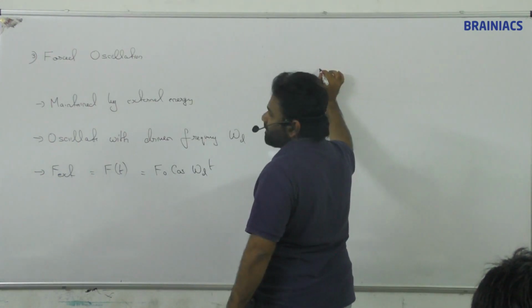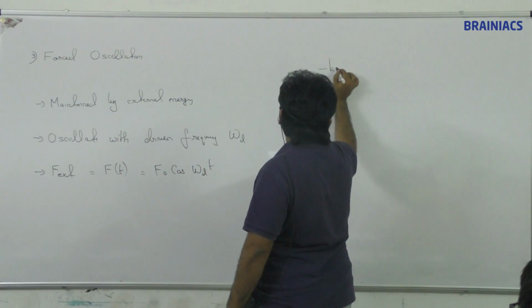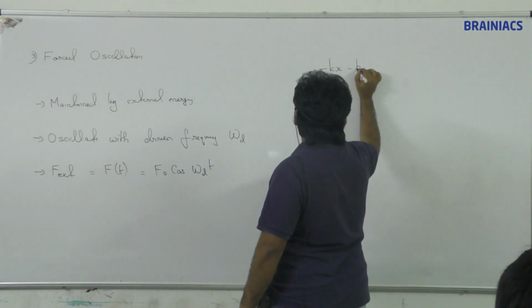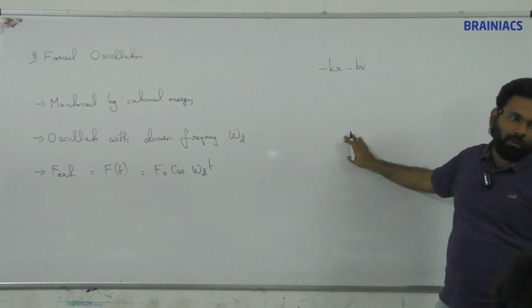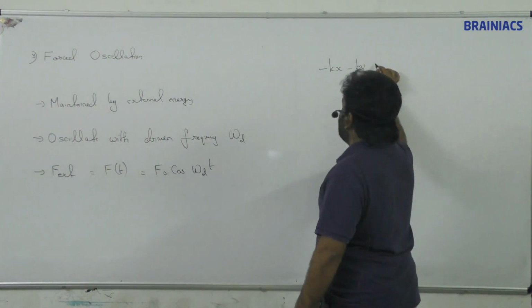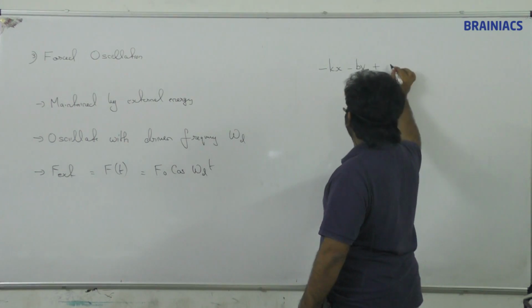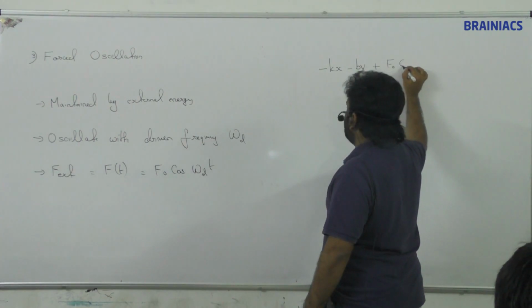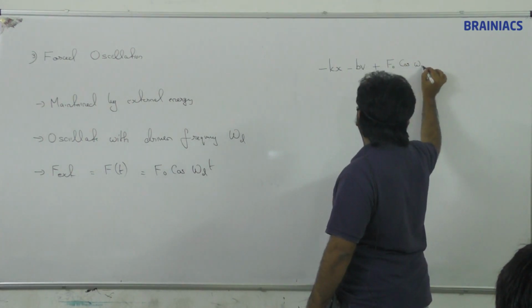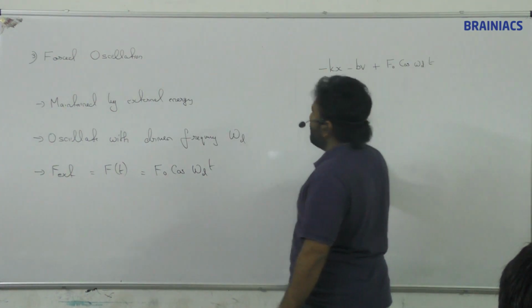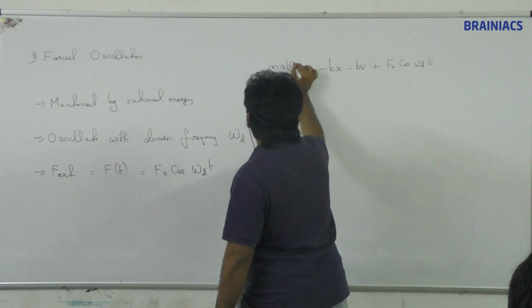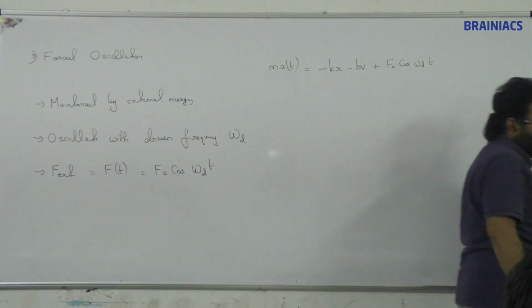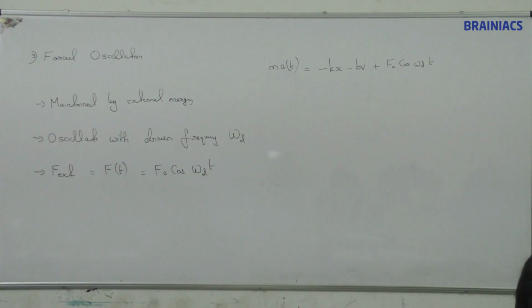In the previous case, in the damped oscillation, we have written minus kx minus bv equal to ma. This is what I have written. But here I am going to add one external force, F naught cos omega d into t. So ma, this is going to be variable with t.